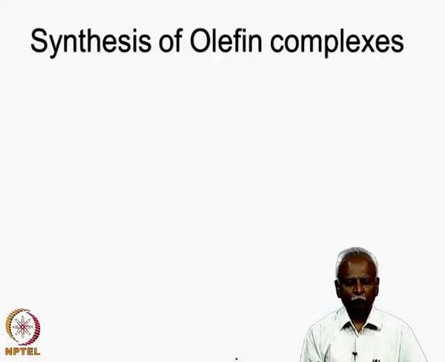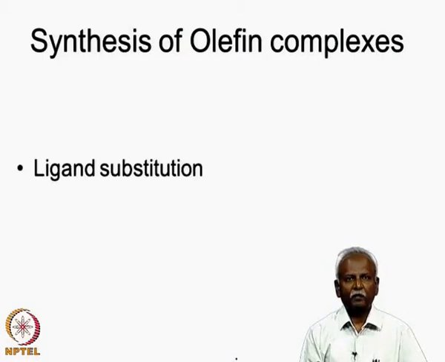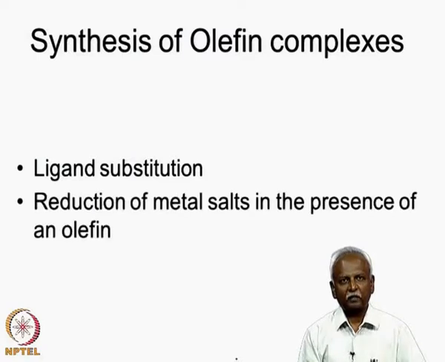So, synthesis of olefin complexes in general involves a simple ligand substitution. A carbon monoxide ligand can be substituted by an olefin. One can also reduce a metal salt in the presence of an olefin, and this is exactly what we did for carbon monoxide.